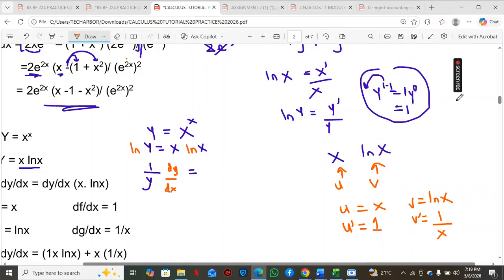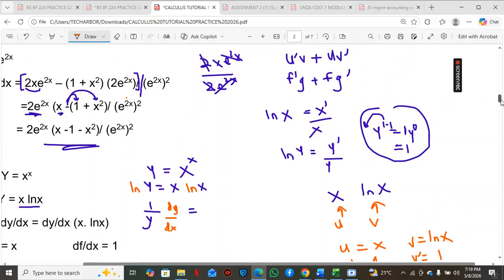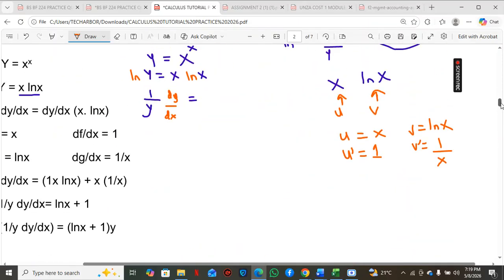Then using the same product rule, let me put it here like this. Product rule said u prime v plus u v prime. So u prime is this 1. V is natural log of x.